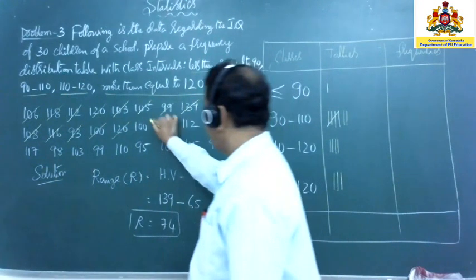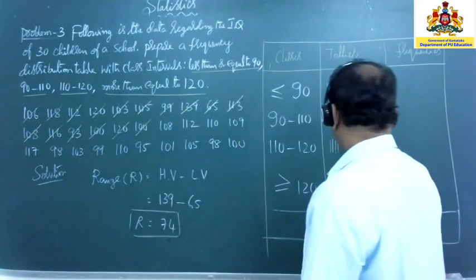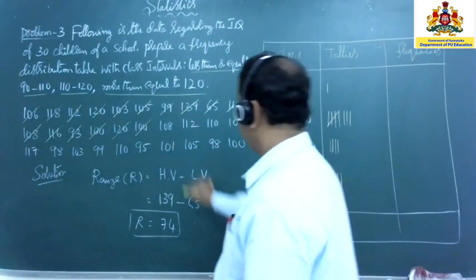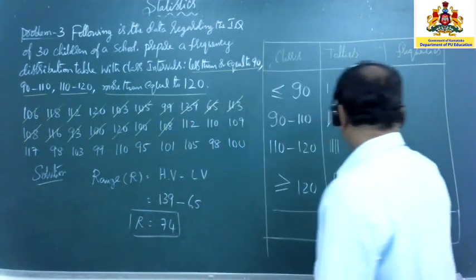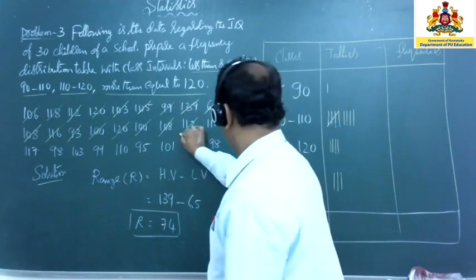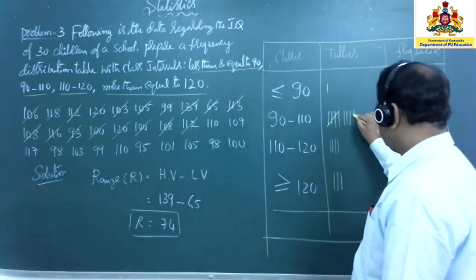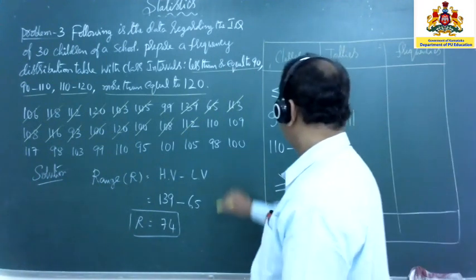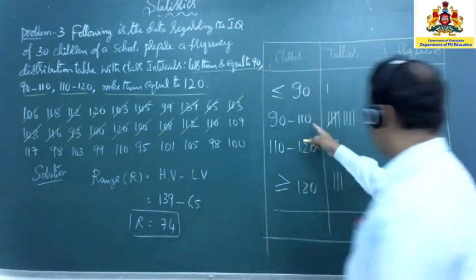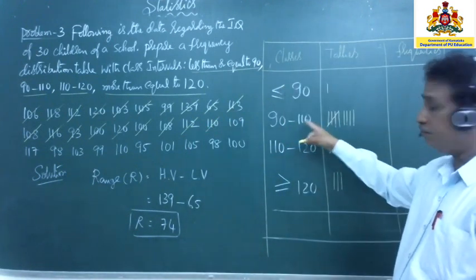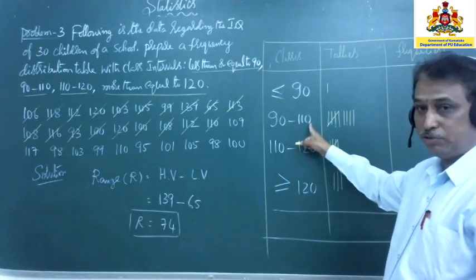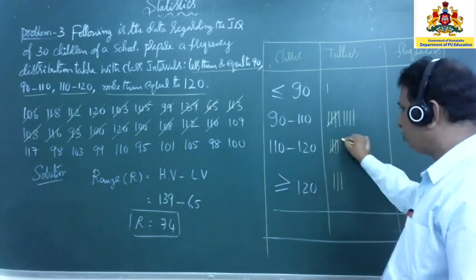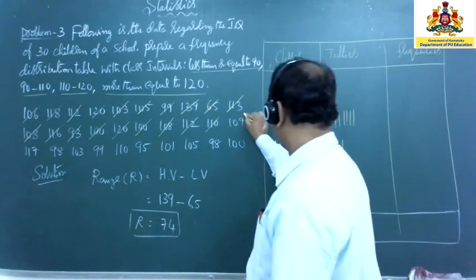Next 100. Next 108 here. 112 here. Next 110. It is the exclusive type. Upper limit we should not consider. 110 you have to put here. Next 109.